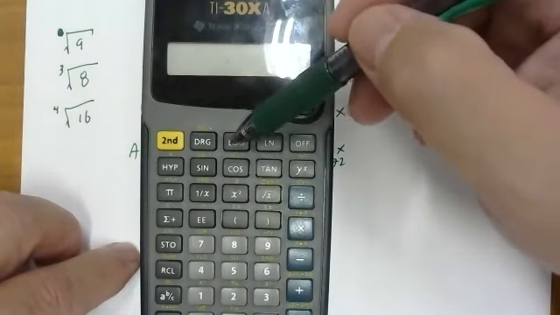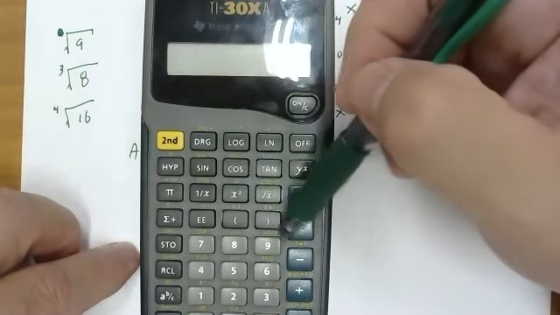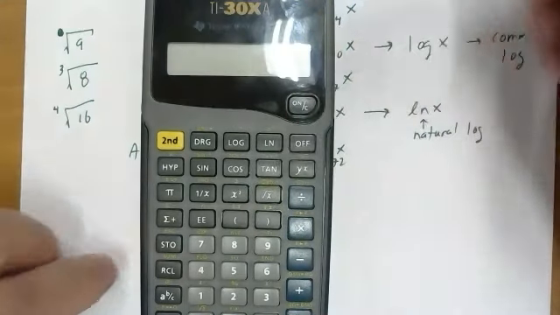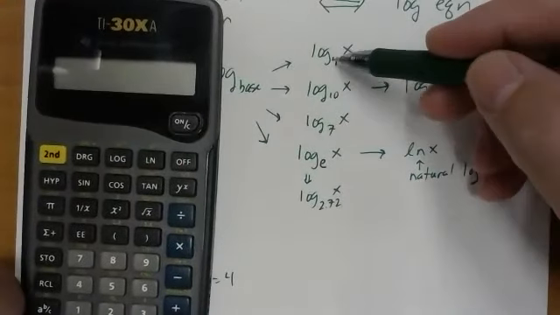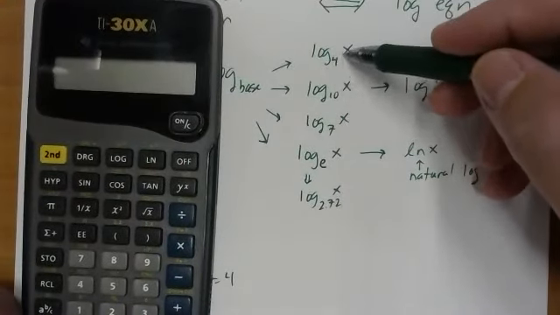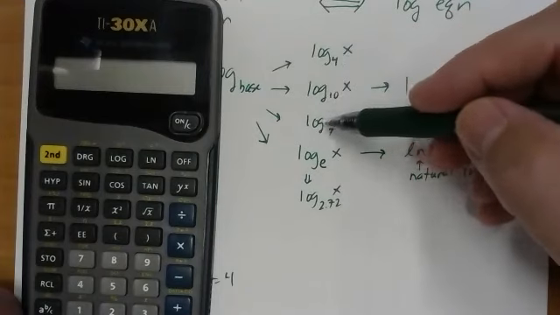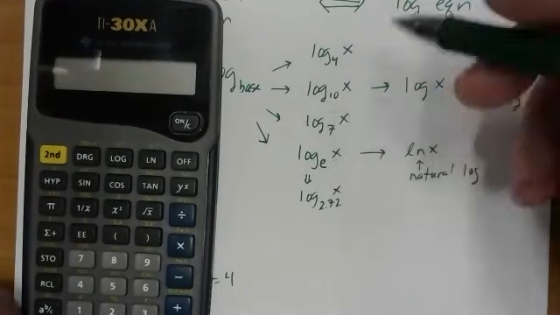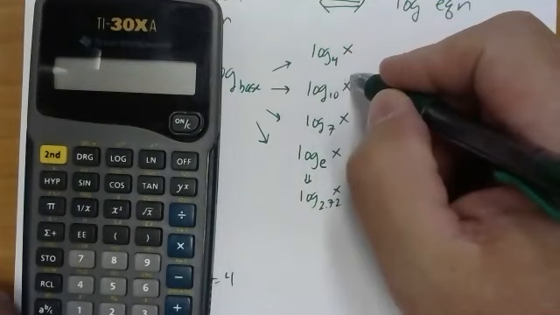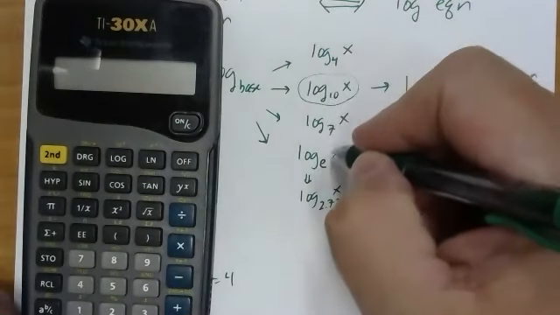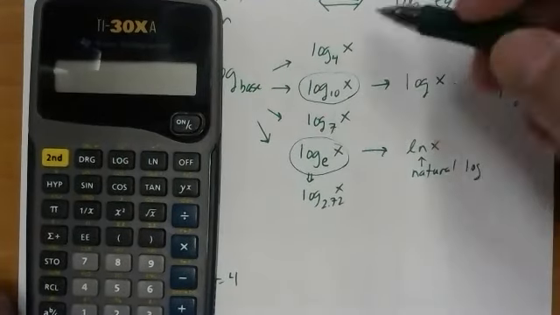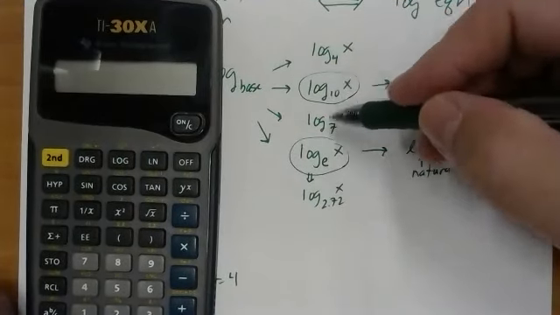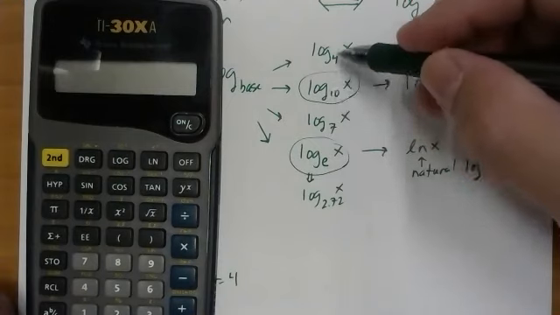But you know what? There are no other log keys on this calculator. Of all these potential logs, log base 4, log base 10, log base 7, log base E, they decided on the calculator to give you the ability to do calculations with these two logs.